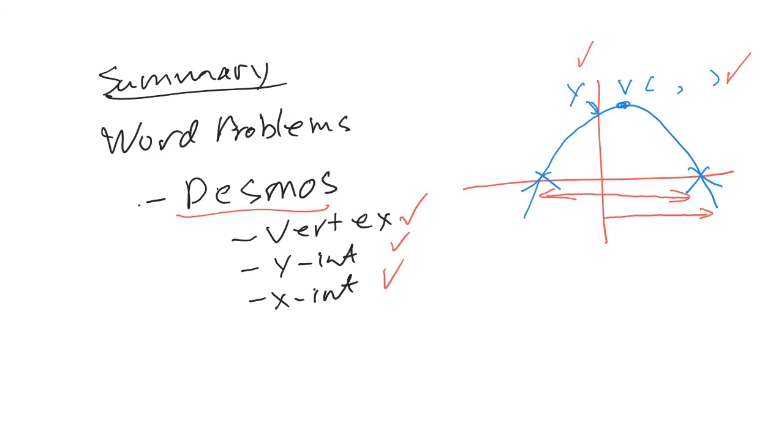So if you haven't done so, make sure that you've done the practice for lesson 1, because lesson 1 will allow you to do everything here, because you're going to be able to identify the vertex, the y-intercept, the 2 x-intercepts, if there are any, for every problem that I give you, okay? All right, so now get to work, please.